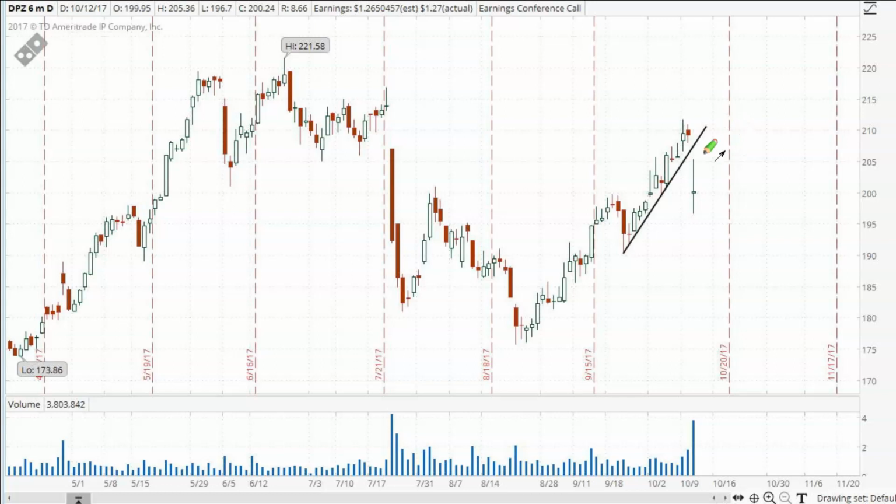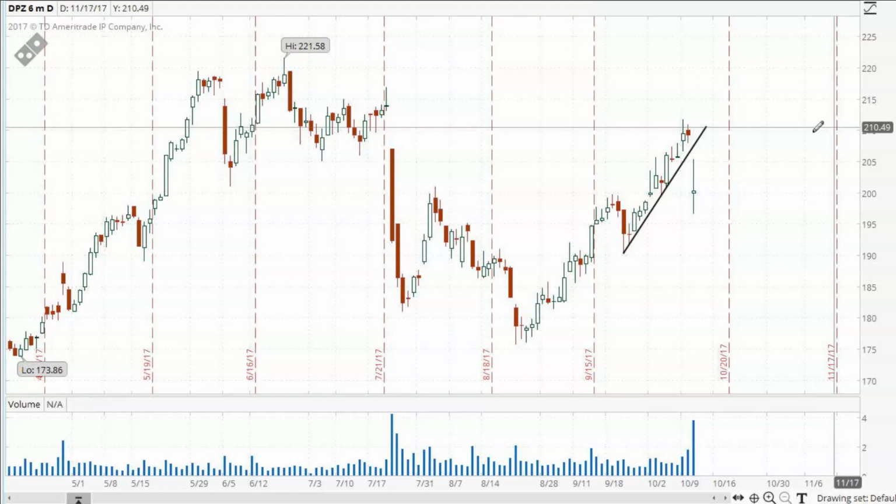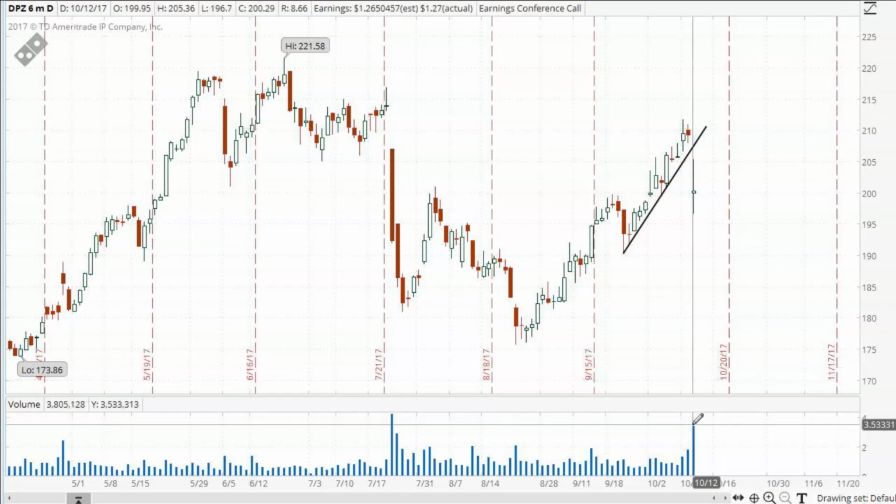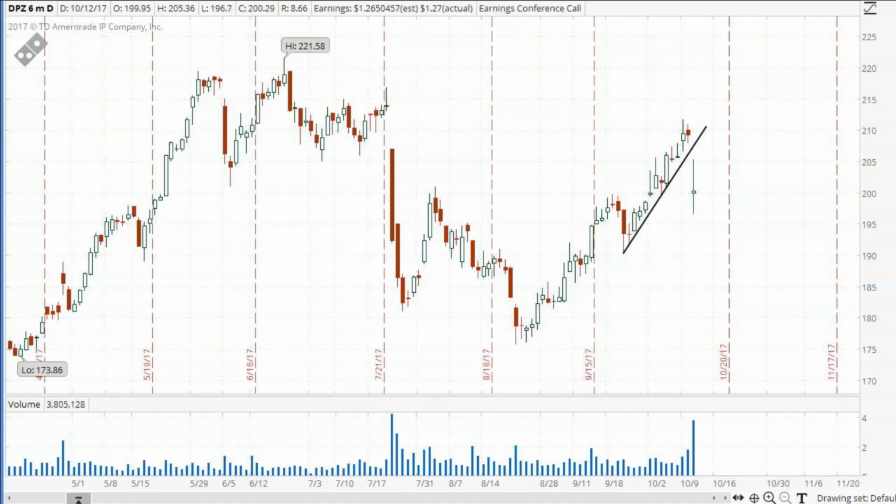And you can see in here, depends on how you want to draw this trend line, any way you do it, there was an uptrend that it broke away from right now. So that is clearly in Domino's a breakaway gap on high volume. And to me, it is establishing a new downtrend right now. So I would expect to see Domino's continue to move to the downside, probably get to 170.